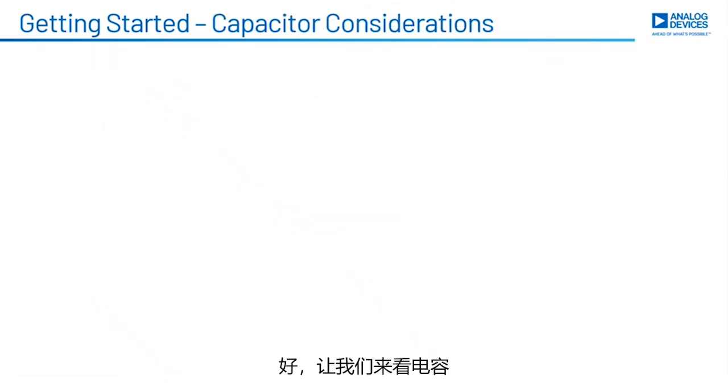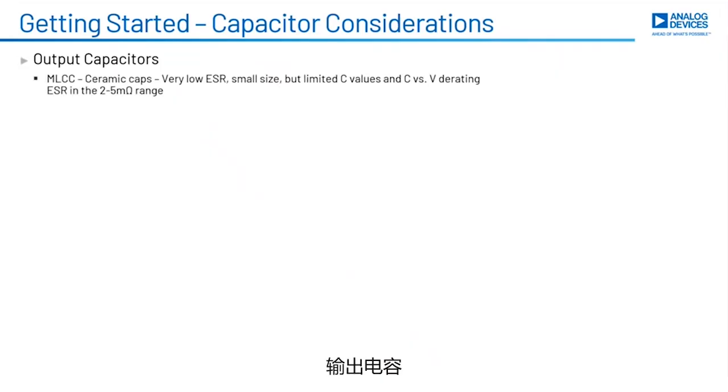Okay, let's shift to capacitors. So output capacitors, we mentioned the MLCC or multi-layer ceramic chips. They have very low ESR, or effective series resistance. They're small, but they have some limits to how much C you can get in a package with the ceramic caps.